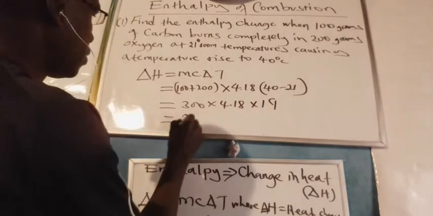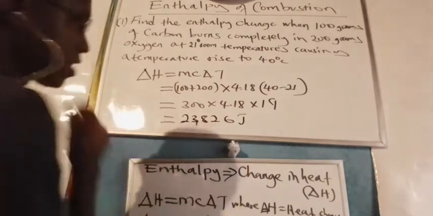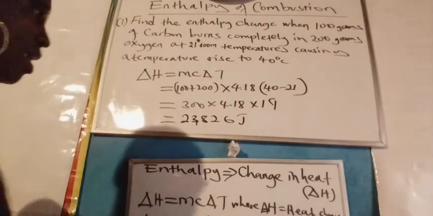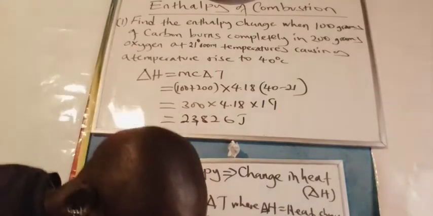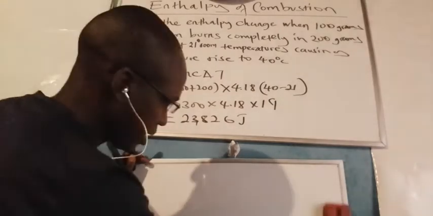So this 23,826 is 23,826 joules, and this is equivalent to 23.826 when converted into kilojoules.